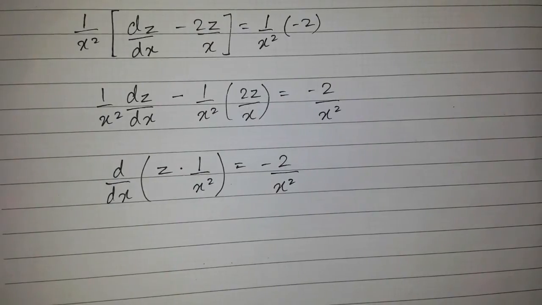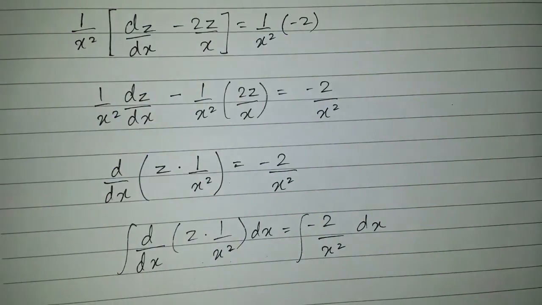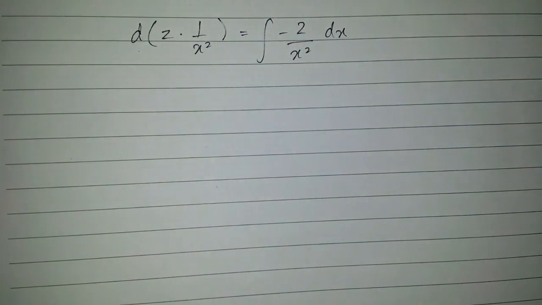So now we will integrate this equation on both sides with respect to x. It would look like this. Then simplifying it would make it like this.